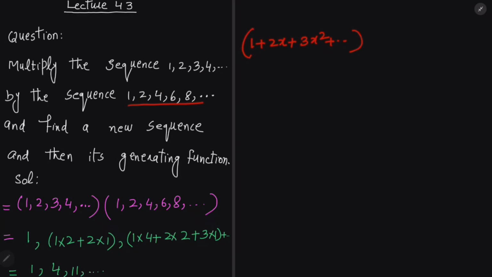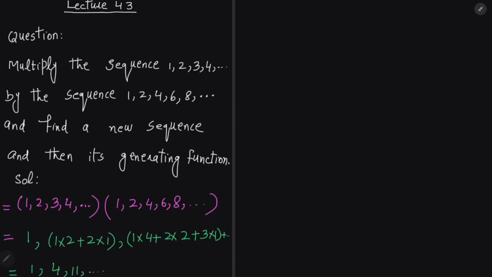And from the second sequence, we have, for example, 1 plus 2x plus 4x squared plus so on. So you multiply 1 with 1, and so on, 1, 2x, and similarly you multiply all the other terms, but the idea is the same. So this is the first answer of this question.